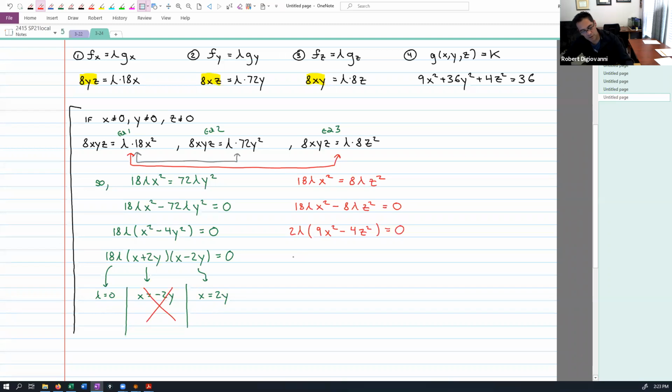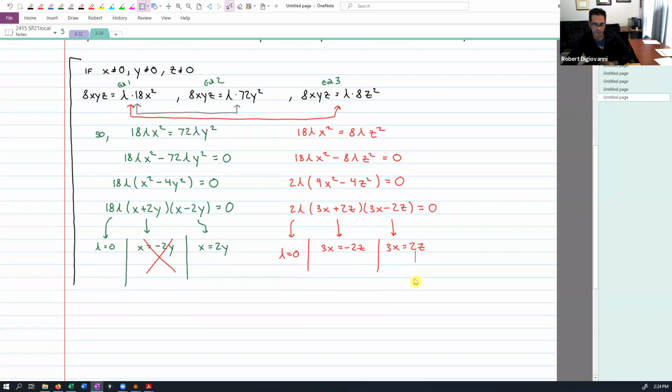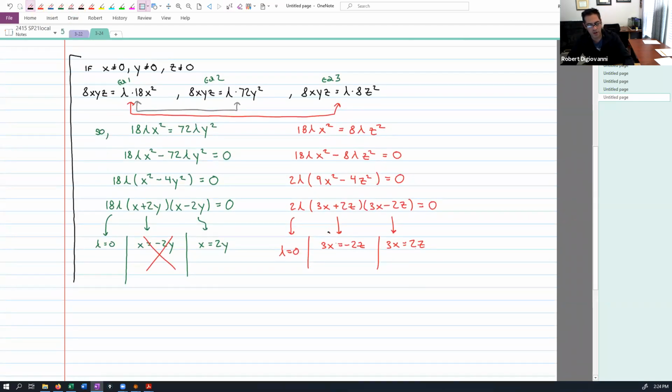Another difference of squares: (3x plus 2z)(3x minus 2z) equals 0. And then I'm going to get 3 results here. Either lambda is 0, 3x equals negative 2z, or 3x equals 2z. I'm chunking the middle one because again, they can't be different signs.